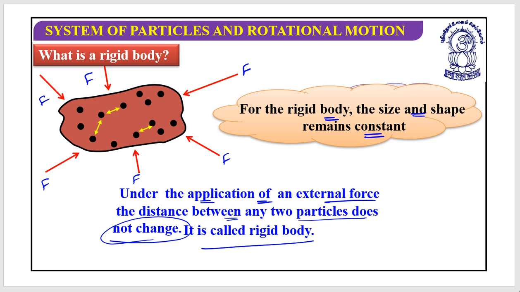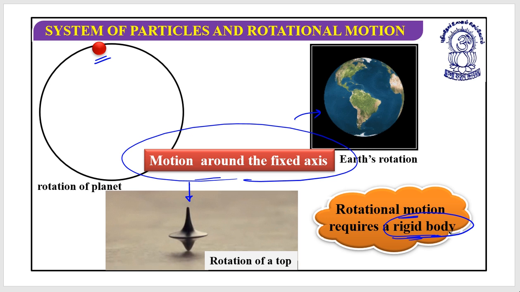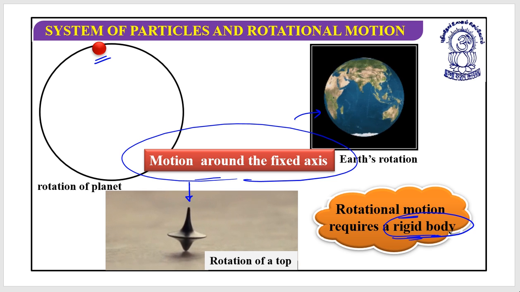If that is the case, we can call it a rigid body. I hope this is clear. So what is rotational motion? It is the motion around a fixed axis. But to move around any fixed axis, you need a rigid body. And what is a rigid body?